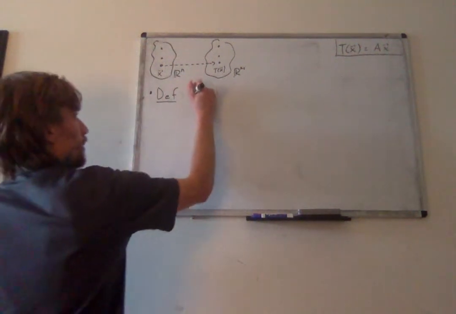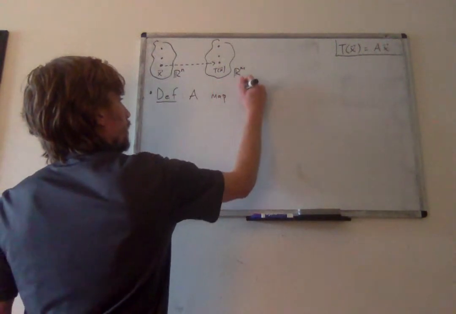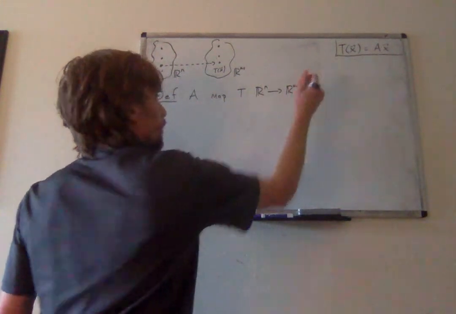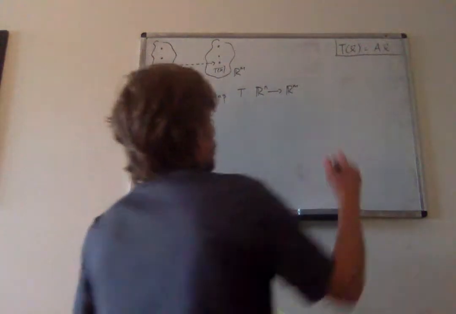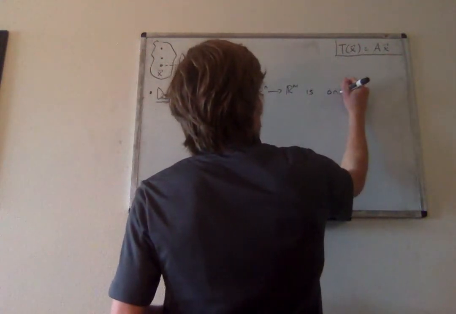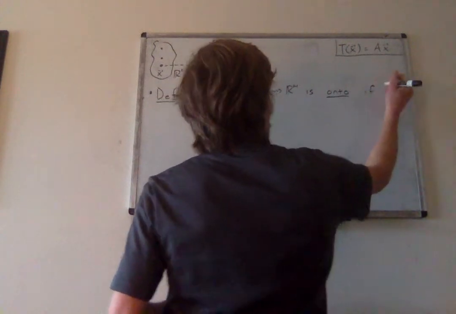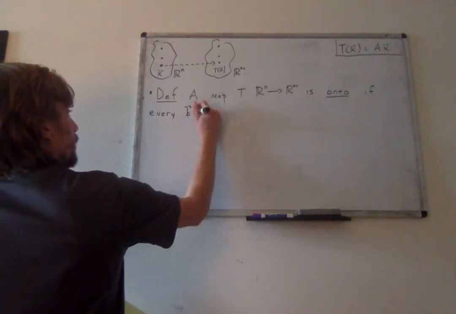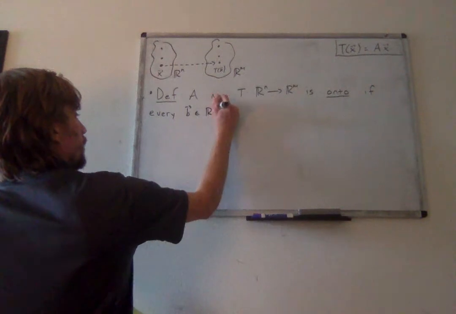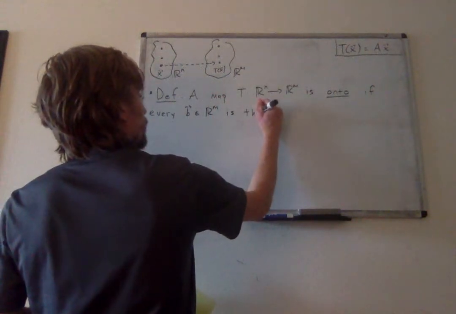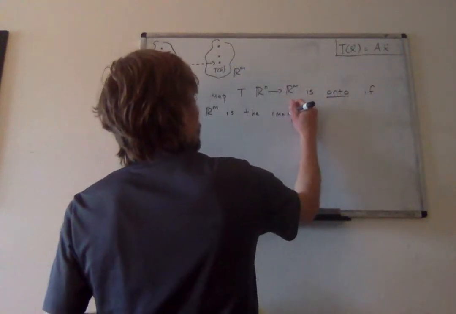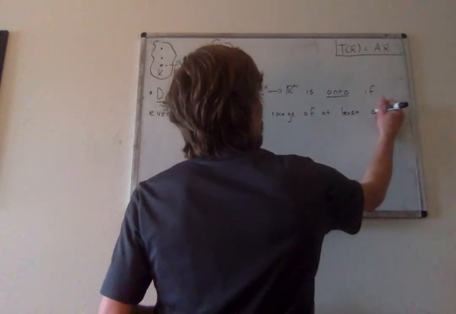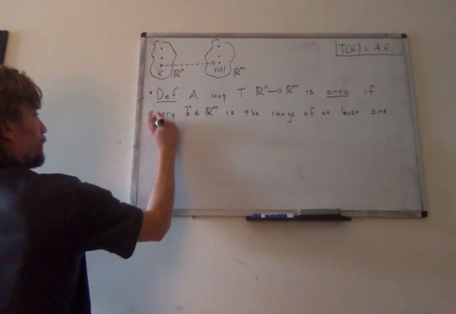We say that a map T from Rn to Rm is onto if every b, and here b is a vector in Rm, is the image of at least one vector x in Rn. So what does this mean?